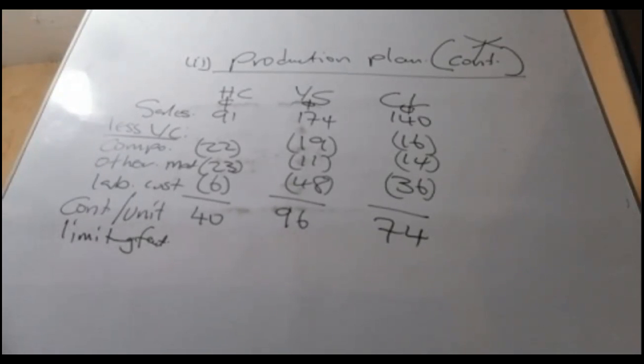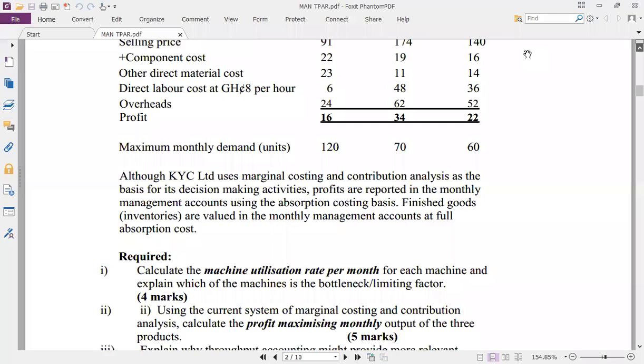Once you know that, there's no need to repeat "limiting factor"; you can just bring the name of the machine and you are done. Anyhow you put it, we are okay. So let's go to the question and bring the requirement for the limiting factor, machine type 1.